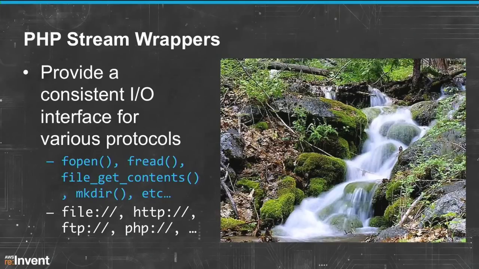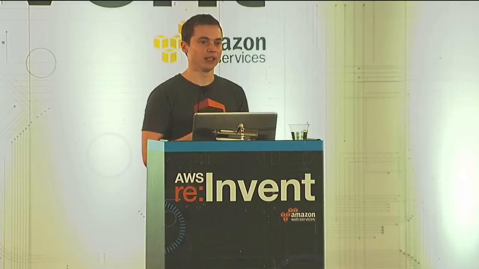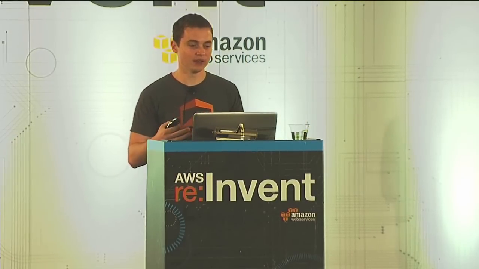When you pull bytes off of these resources, you don't have to read the entire resource up front, buffer it, and then go back and do your script. Or you don't have to write all your data, buffer it, and then eventually write. So stream wrappers allow you to read data on demand as needed, and they also abstract away the file system into a consistent interface.